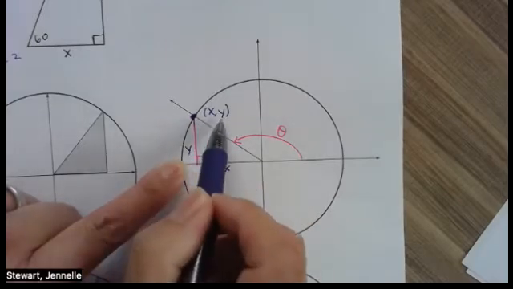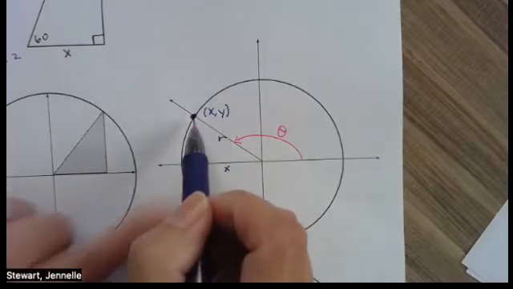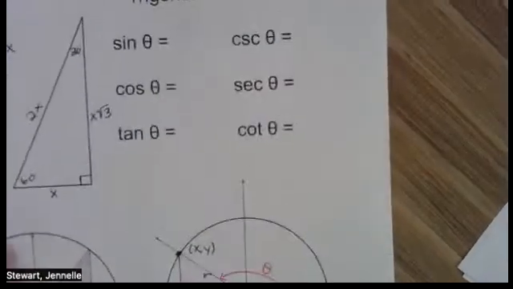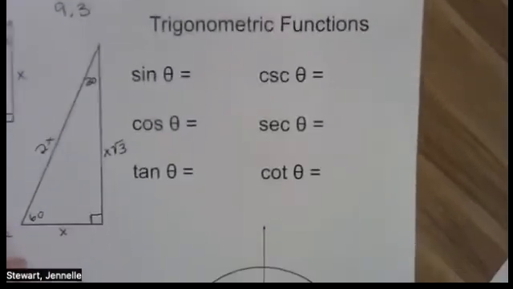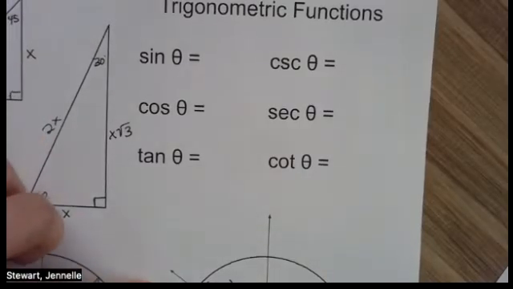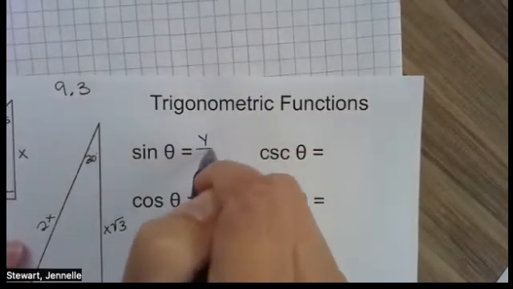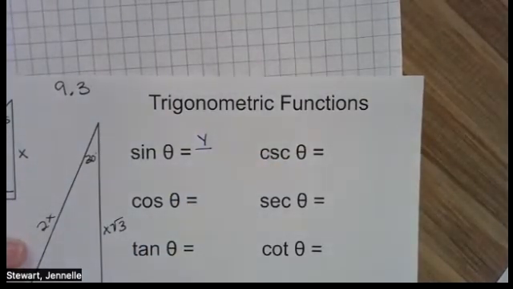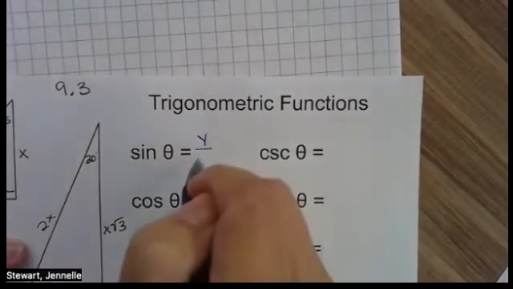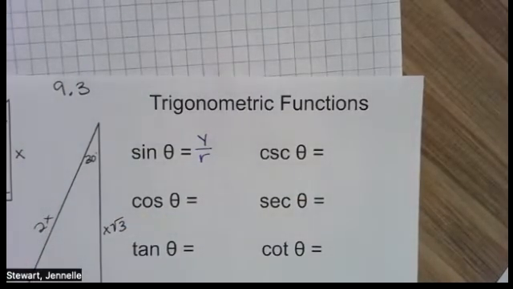That's how you get this point, the x, y. This is always going to be the x distance, this is always going to be the y distance. Okay, let's go up to the sine. Sine of theta is opposite over hypotenuse. So opposite, which is going to be y, over the hypotenuse, which we're going to indicate by r, because the hypotenuse is always going to be the radius.